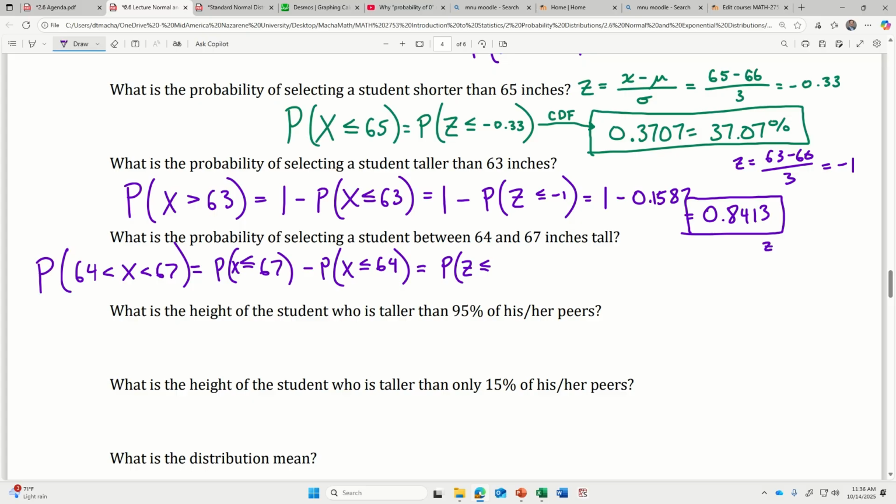And so the z-score for 67 is going to be 67 minus 66 over 3. So that's 0.33. And then the z-score for 64 is going to be 64 minus 66 over 3, which is negative 2 over 3.